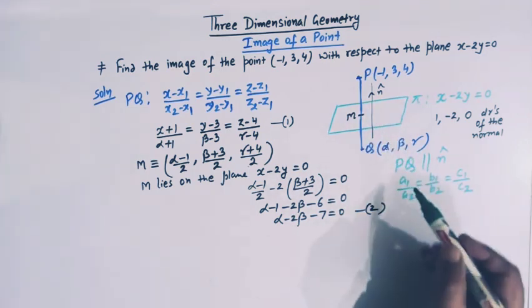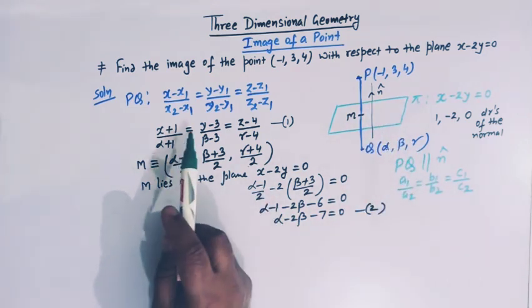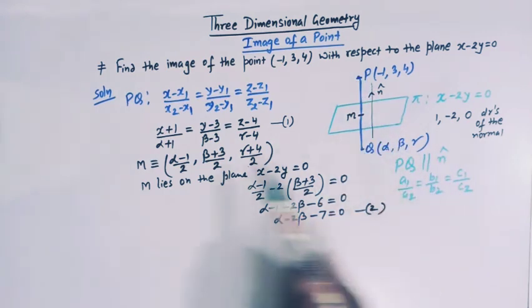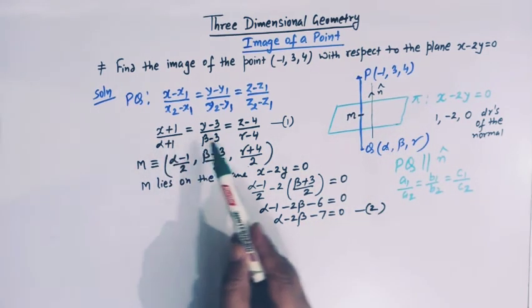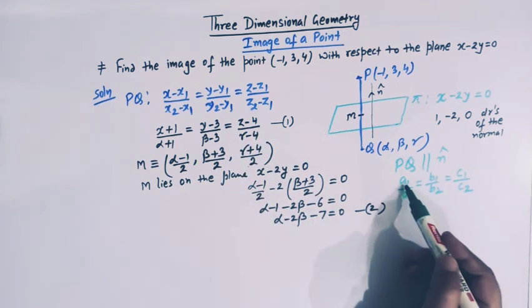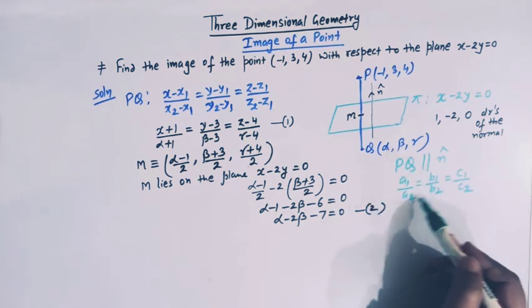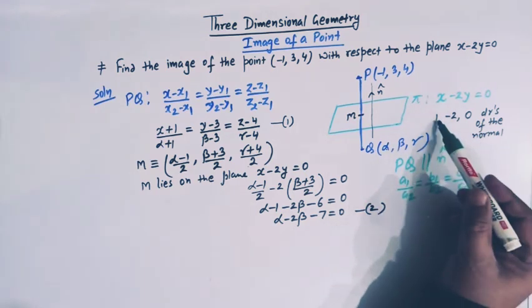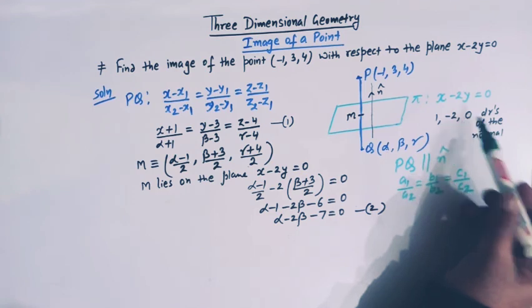The DRs of the line PQ are alpha plus 1, beta minus 3 and gamma minus 4, and for A2 B2 C2 we have 1, minus 2 and 0.